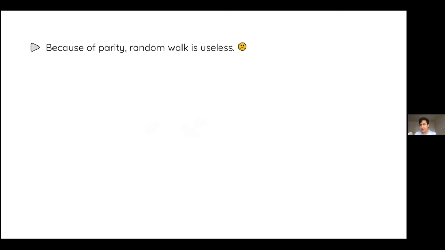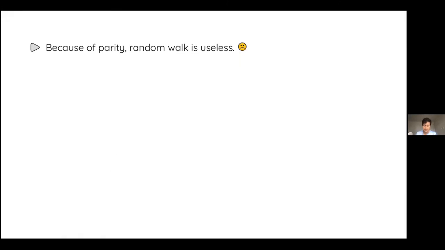One quick thing that you might have noticed about this random walk for monomer-dimer systems is that there is an issue with running this as stated, and that's a parity issue.